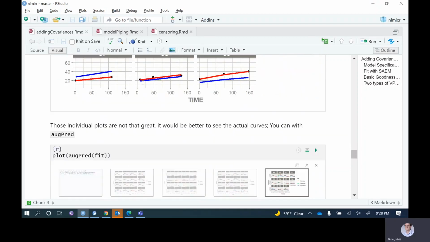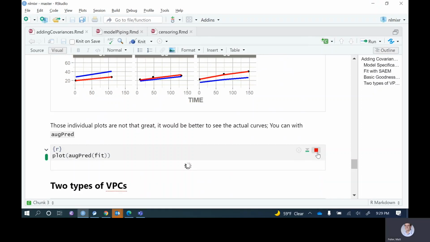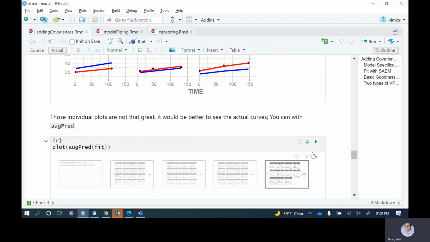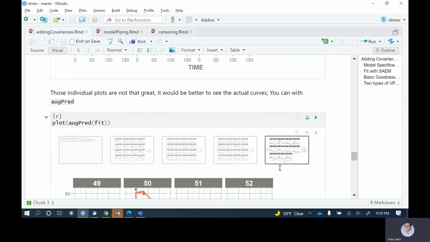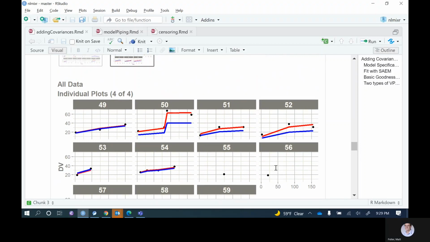So one way to do that is a function in nlmixr called augPred. It is inherited from the nlme augPred. What you do is you take the augmented prediction of the fit, it'll return a data frame. But if you plot it, you'll get an augmented ipred versus pred for each individual, or basically individual fits. You can see the difference just in this right here.